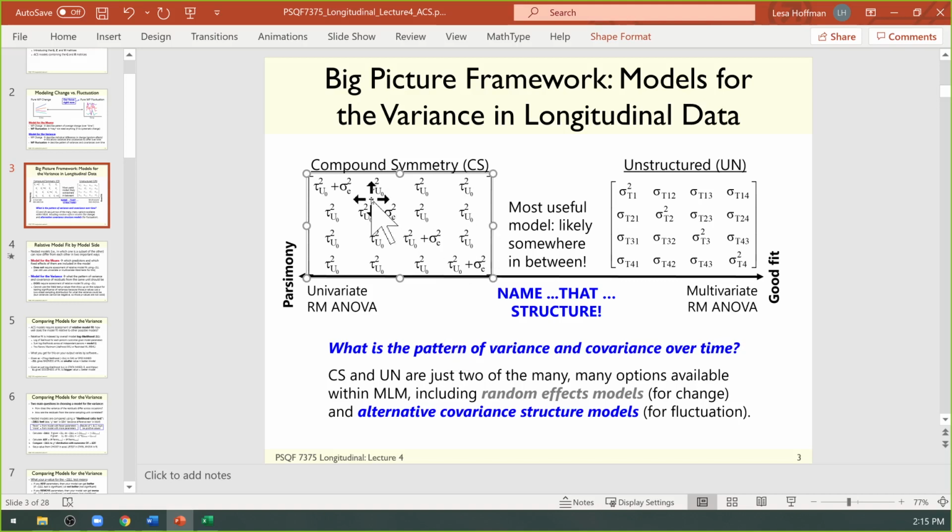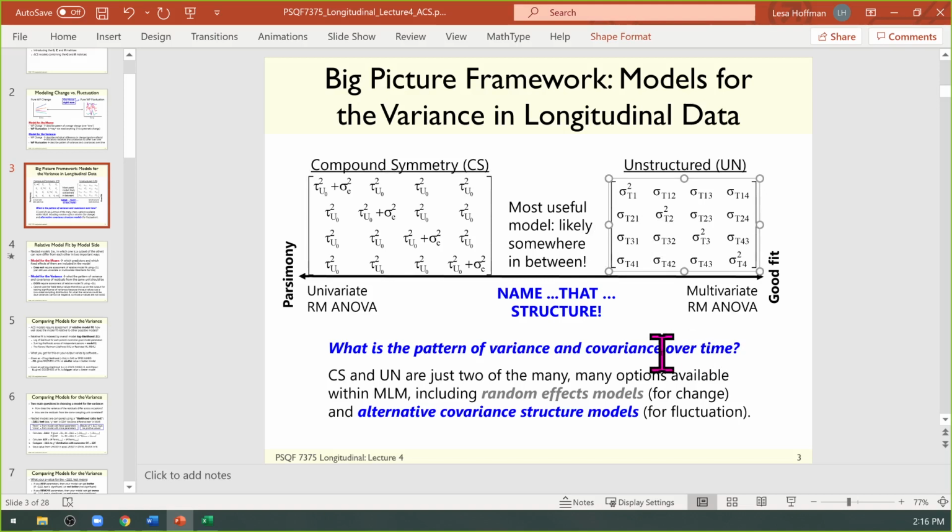The total variability is the same across time, so the diagonal is the same, and the total covariability is the same across time too, as given by the intercept. So no matter how many occasions we have, this is a 2-parameter model for the variance, compound symmetry, otherwise known as random intercept only.